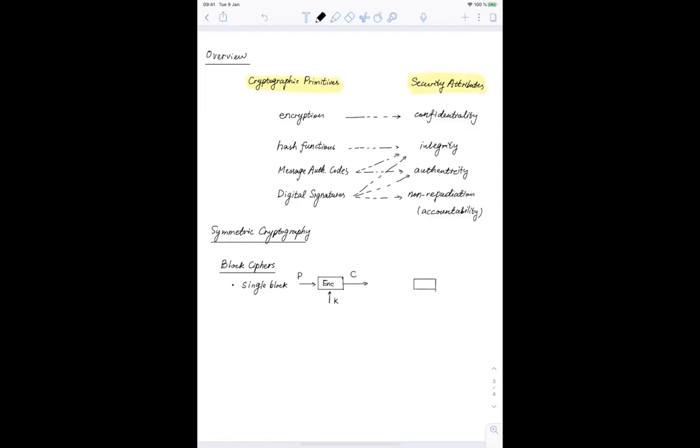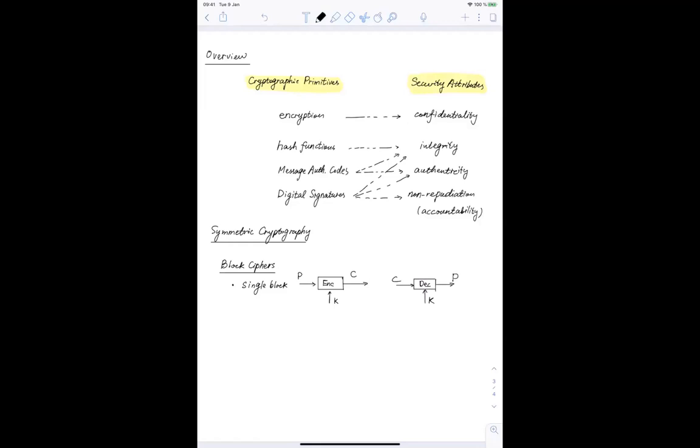So we have a decryption algorithm, and the input is C together with the key, which is the same as the encryption key, and it will produce the original plaintext.